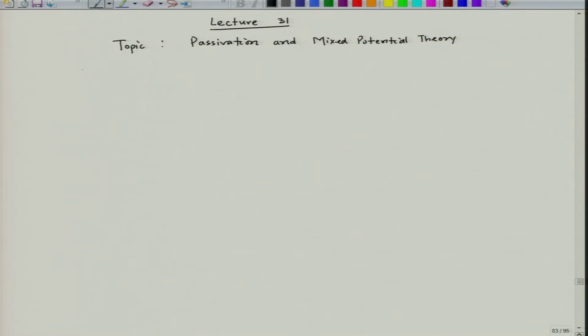And we will talk about the effect of galvanic coupling between an active passive metal and an unnoble metal.